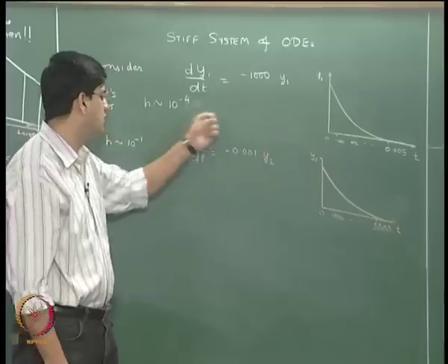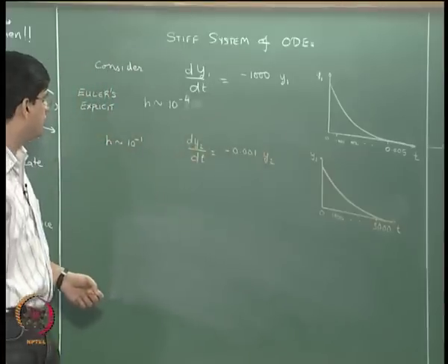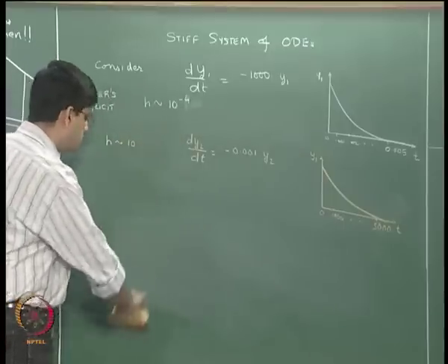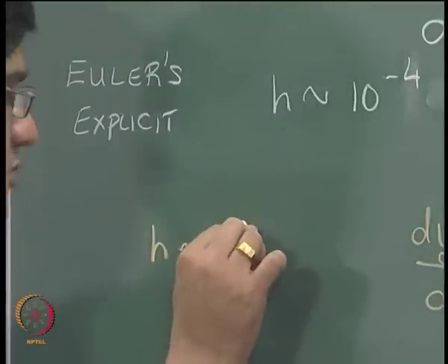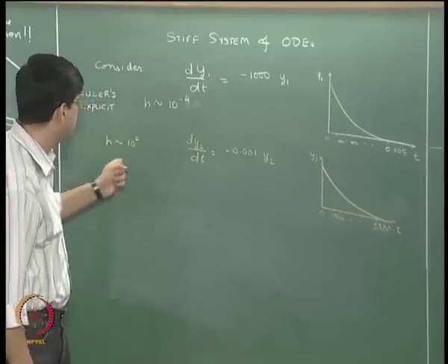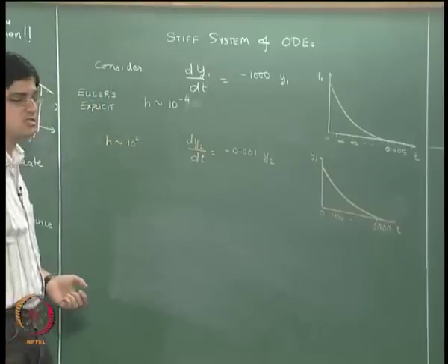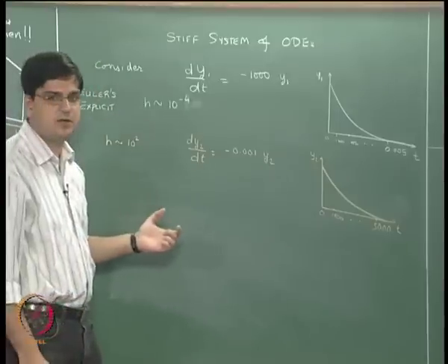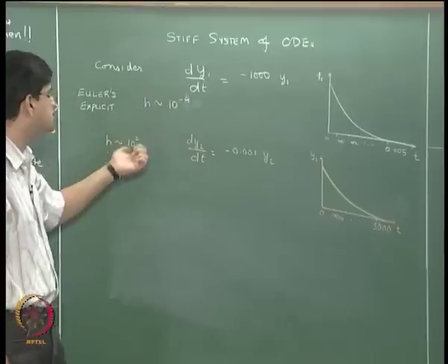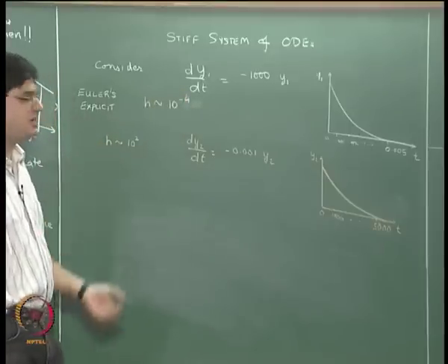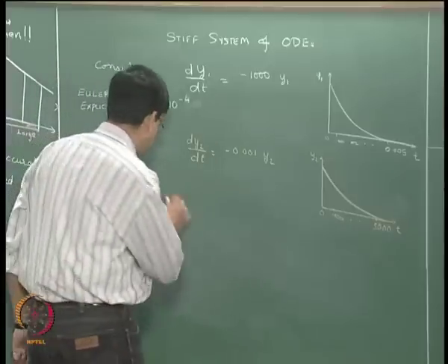If this was the only one equation that we wanted to solve, sorry, not 10 to the power minus 1, it should be 10 to the power 2. So that is the h that we will use for this particular system. So if this system and this system were to be solved independently, we did not have any issues, we can choose two different values of h, we can solve them independently, and that is the end of it.